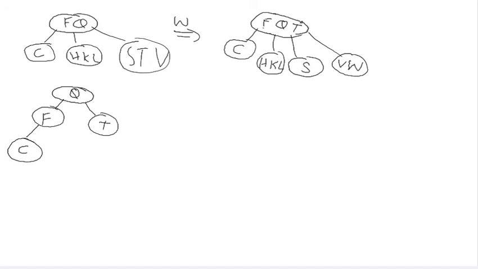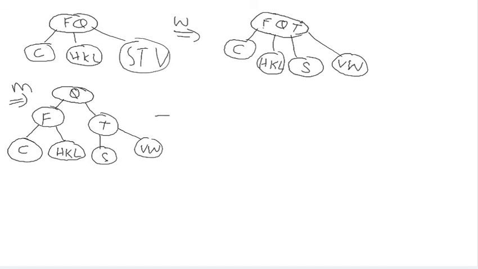So this is for inserting M, and this will lead to M needing to be inserted to this node. So that is a full node. So again we need to split. So Q is here, then left child of Q is F, right child of Q is T.